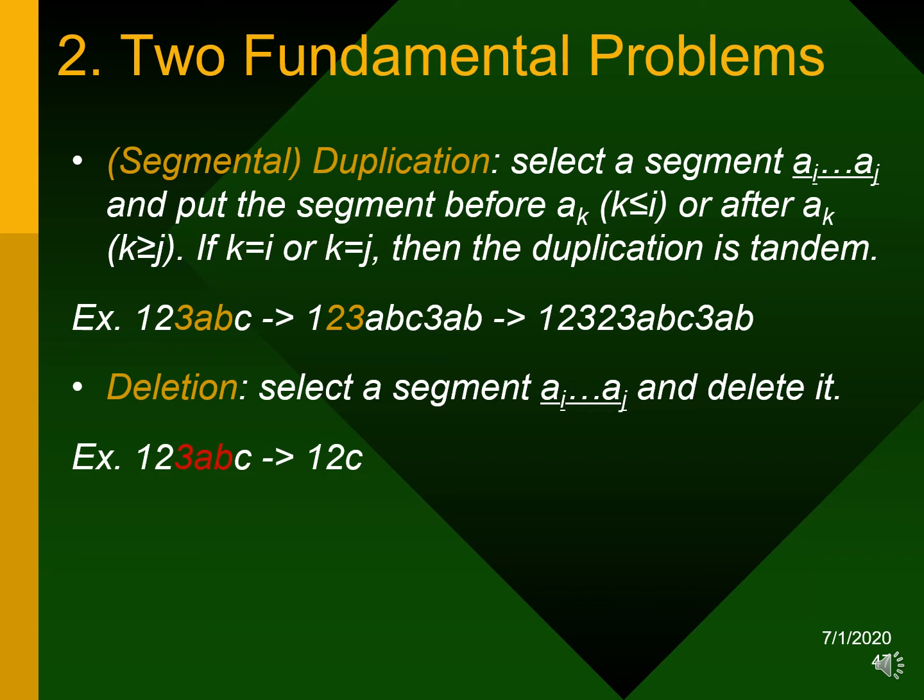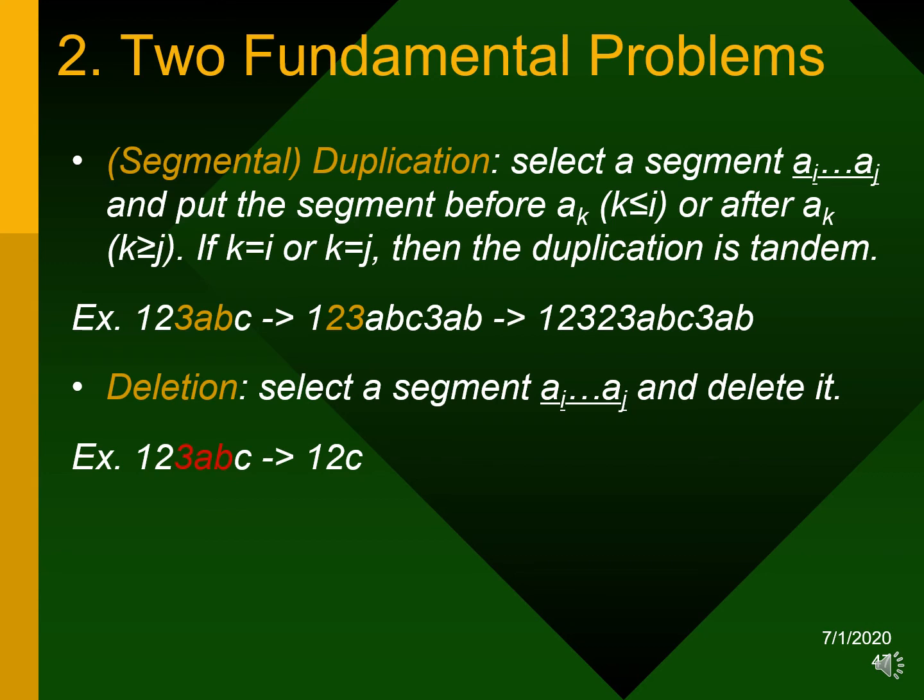Before going into the details, for completeness, let me give the definition of segmental duplication and deletion. In the duplication case, you basically select a segment A_i all the way to A_j, and put this segment before some A_k, where k is less than or equal to i, or after some A_k, where k is greater than or equal to j.